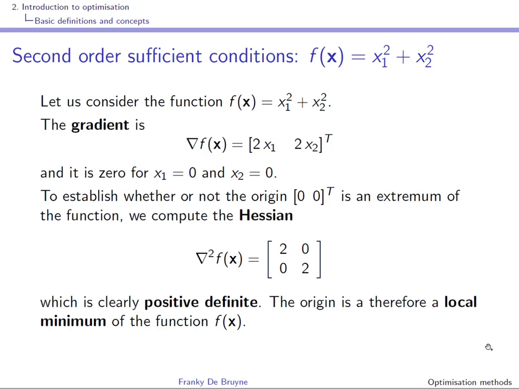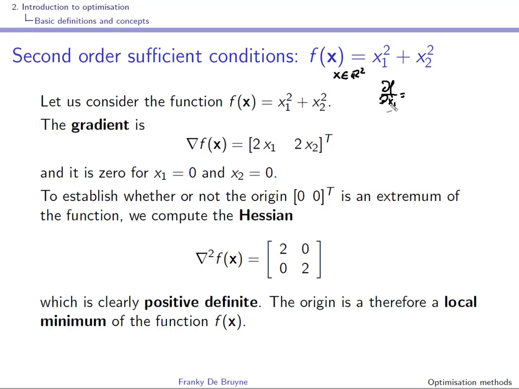Let us take a very simple example of a scalar valued function with x in R2. So there are two variables, x1 and x2. We can compute the partial derivatives.